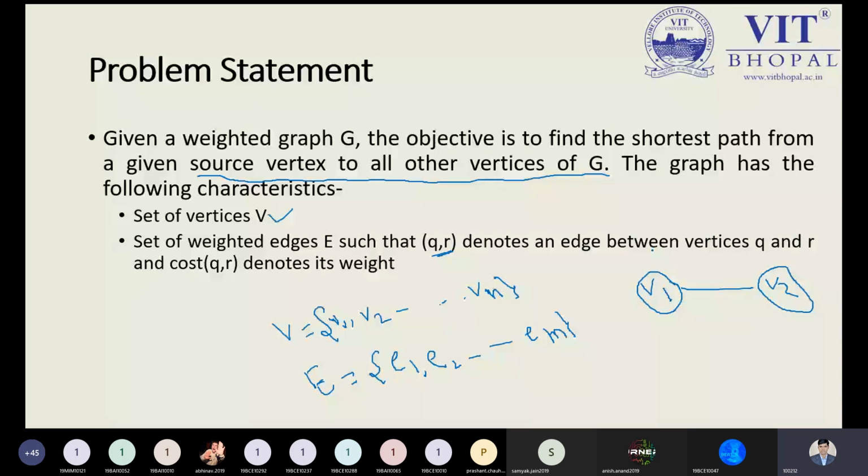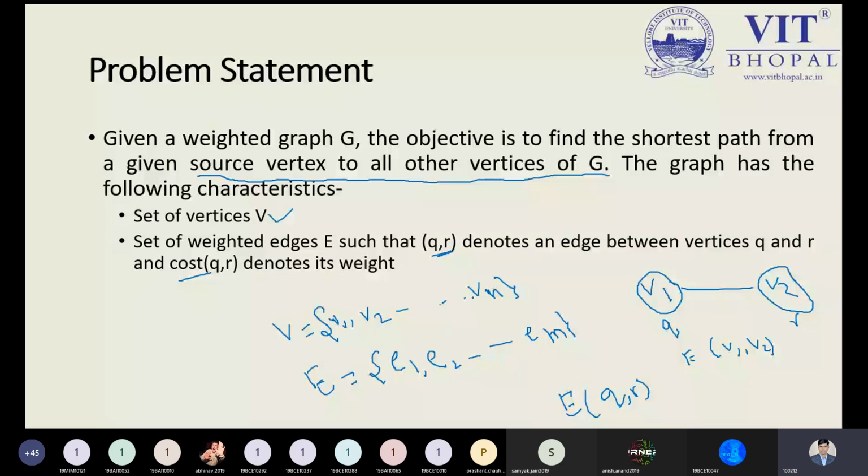q denotes the edge between the vertices q and r and the cost, that is qr. So suppose we have the vertices V1 and V2, and these are also represented by q and r. So we can write this as E(V1, V2), or we can write it as (q, r), as it is written on our slide.